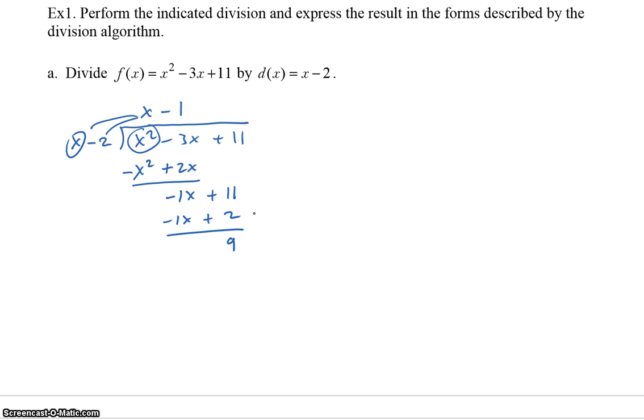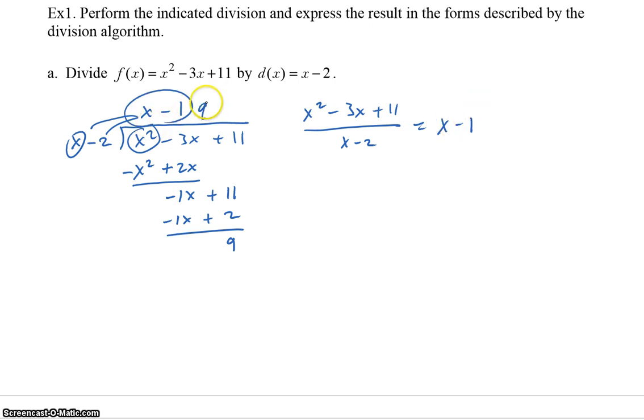And then how might we express our result? So one way would be to say that if we take f of x, x squared minus 3x plus 11, and divide by x minus 2, writing it as a fraction, then the quotient is x minus 1.